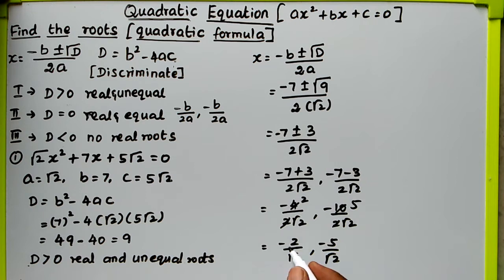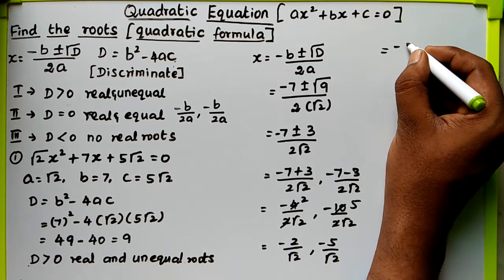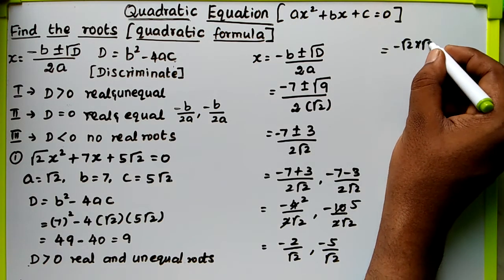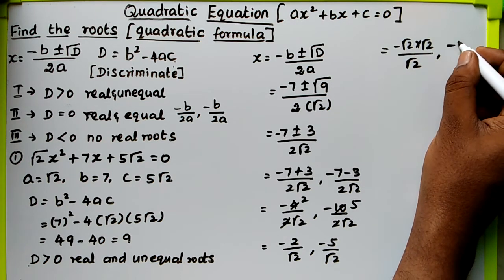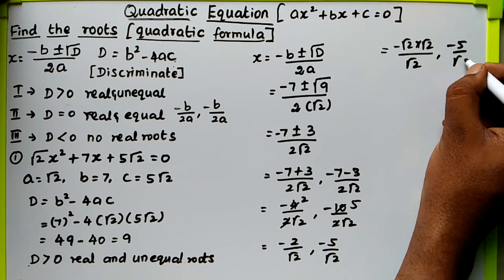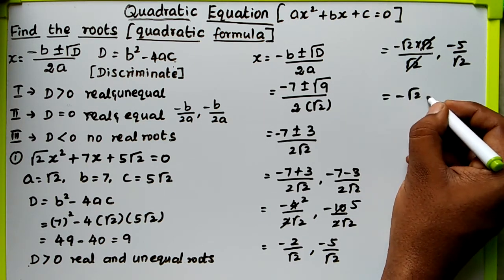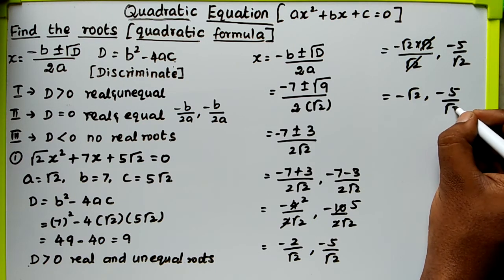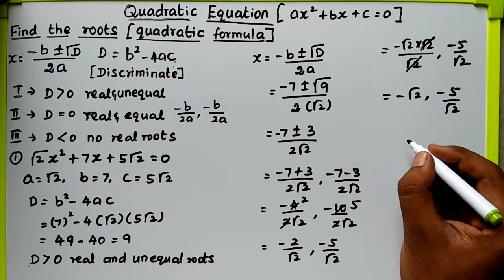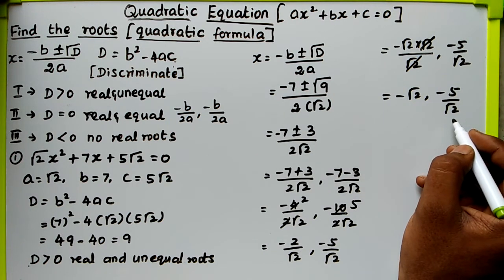Minus 2 we can write as root 2 into root 2, so minus root 2 into root 2 by root 2, and root 2 cancels. So the roots are minus root 2 and minus 5 by root 2.